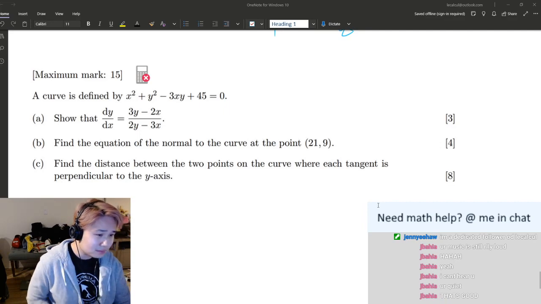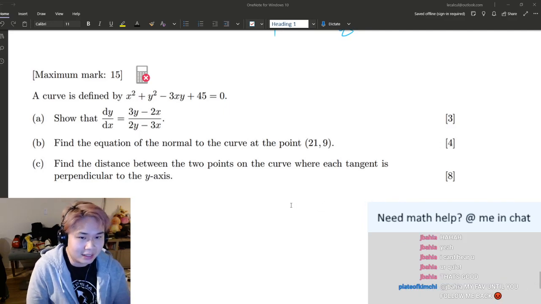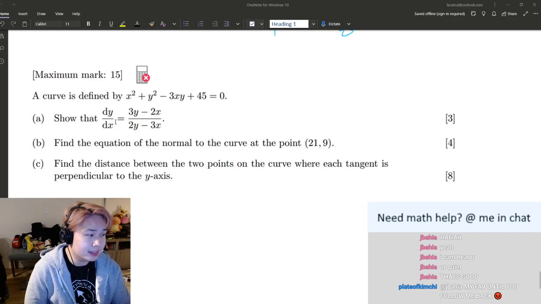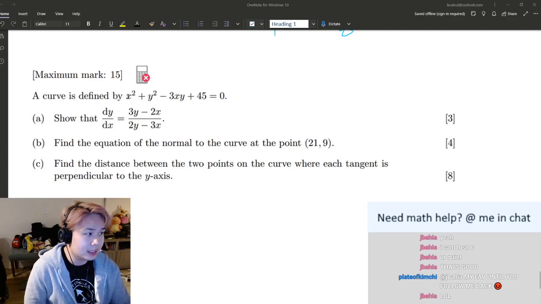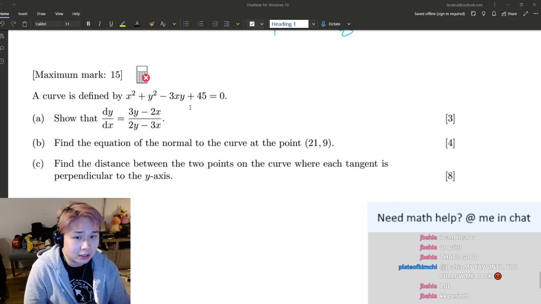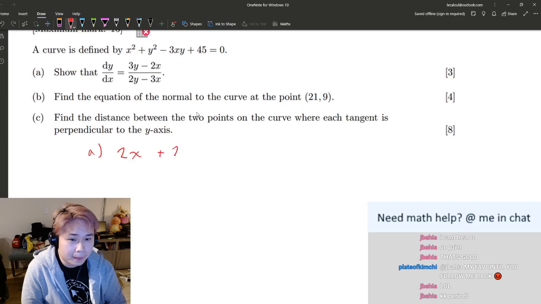Okay. Anyways, you start typing your questions and I'm gonna get this done real quick. So first, we have this curve here, and we want to show that this is the derivative. Now, of course, you do have a general mix of x's and y's, so we are going to use implicit differentiation. If I take the derivative of that, I'm going to end up with some dy dx's.